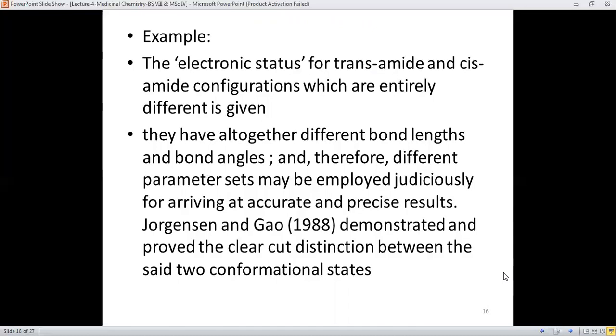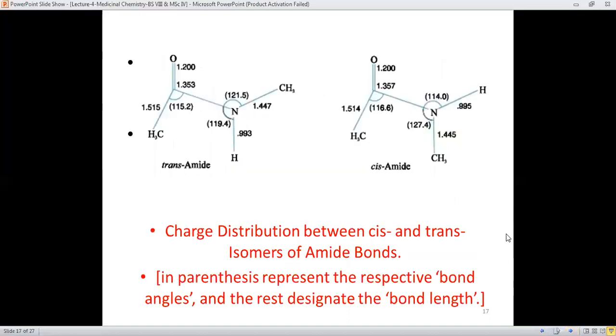And therefore Jorgensen and Gao in 1988 demonstrated and proved the clear-cut distinction between the conformations of these two states, like for the trans amide and the cis amide. First is the trans amide, second one is the cis amide, and in the trans amide there is the methyl group on the opposite side, but for the cis these two methyl groups are present on the same side.